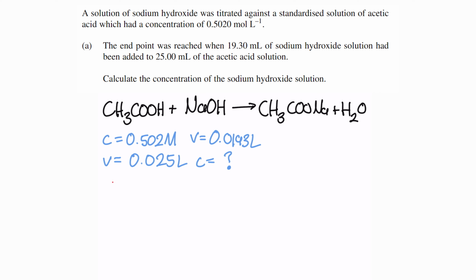So my first step is usually applying the n equals CV formula. So I look at my data to find where I know both C and V, and that's for acetic acid. So we're going to apply the n equals CV formula to find out the number of moles of CH3COOH used up in our titration.